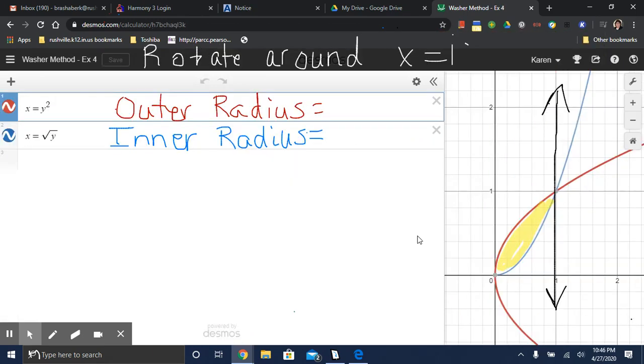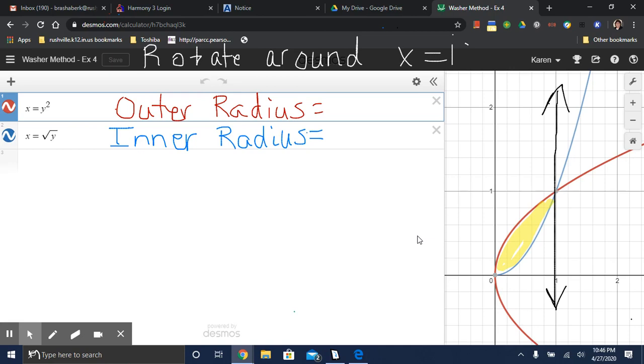All right, for our last example, we're going to look at a region that is formed by two curves. The first curve is x equals y squared. And then the blue curve, the second curve, is x equals the square root of y. And notice that we're going to rotate this around the vertical line, x equals 1.